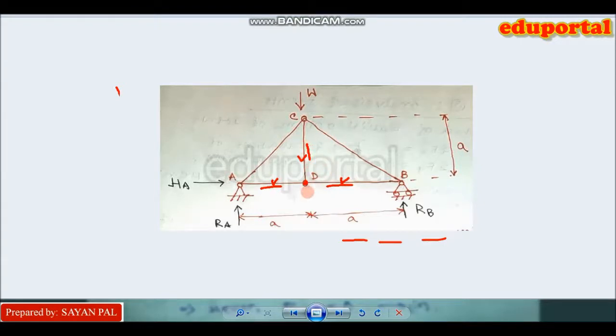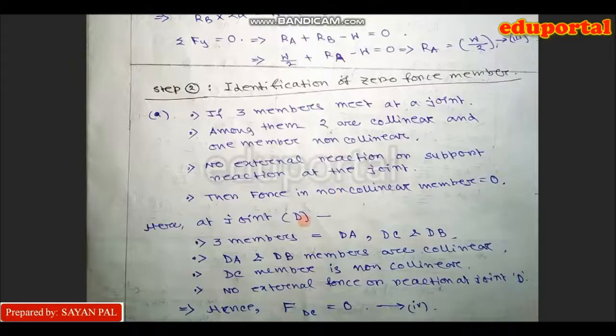There is no other external force or reaction at joint D. So we can conclude that the force in the non-collinear member, that is, the force in the member DC, is equal to 0. So DC is a zero force member.